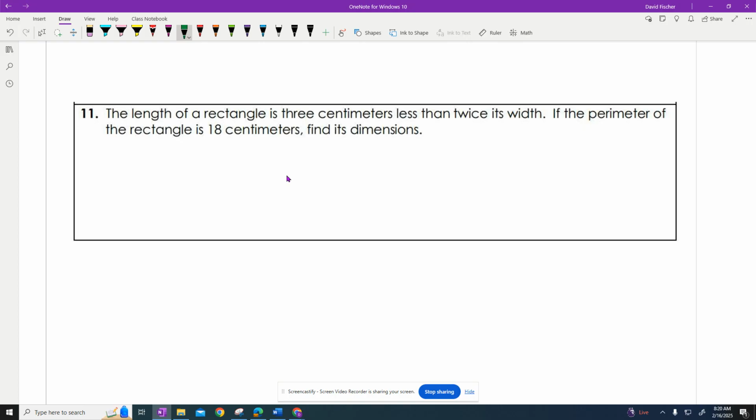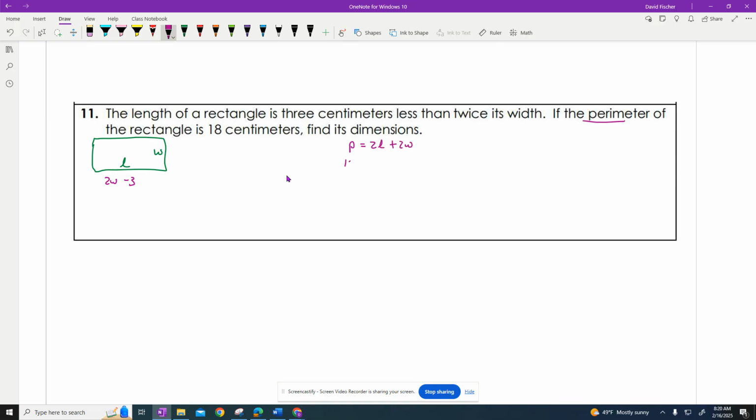The length of the rectangle is 3 centimeters less than twice the width. So I'm going to draw my little rectangle over here. And I want the length to be 3 centimeters less than twice the width. Still working with perimeter is 18 centimeters, so P equals 2 times the length plus 2 times the width.